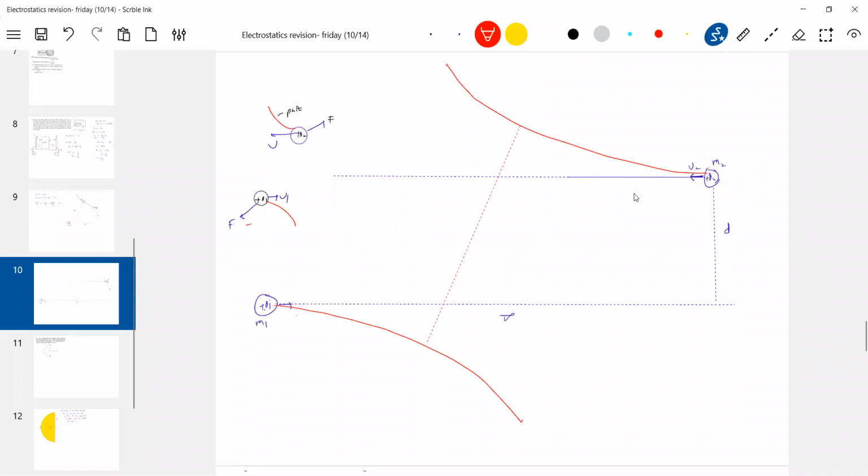So when the charged particle is here, V2, now what is the only alternative left for us? Conservation of angular momentum, conservation of mechanical energy. About what point should you conserve angular momentum?